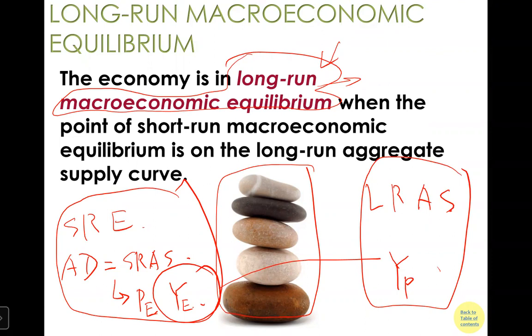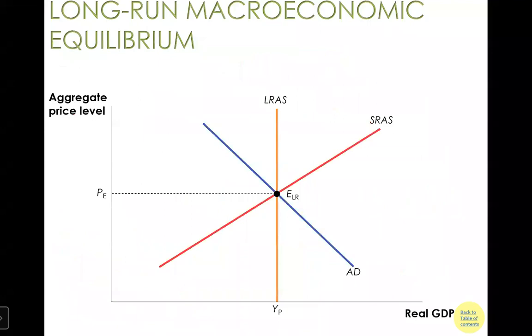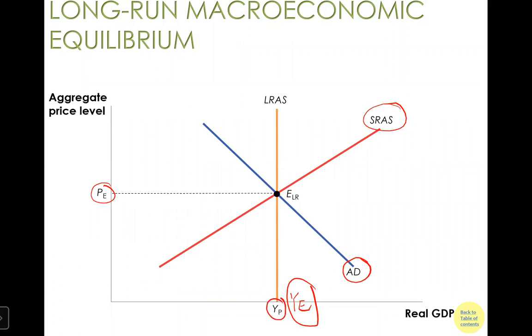Now let me show you with a graph. You start with aggregate demand and short-run aggregate supply, and you end up with a short-run equilibrium. Here you have YE. Now we say we are in a long-run macro equilibrium when YE, what you can actually produce in the short run, is exactly equal to what you can potentially produce.